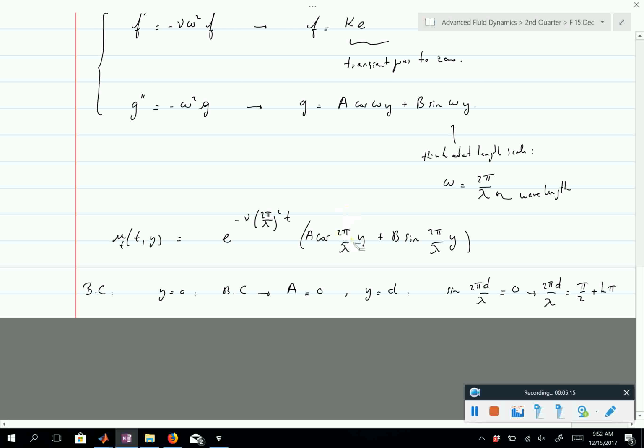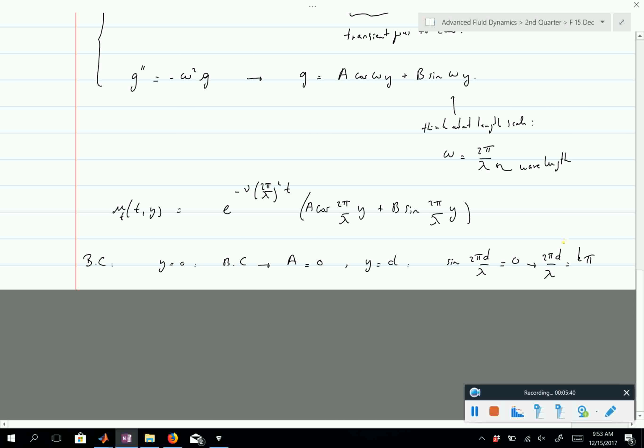That part is already 0 because you took a equals 0. I was thinking about the cosine; it's k times pi. So the pi simplifies, and you get that lambda is going to be equal to 2d divided by k. And k can be any number.